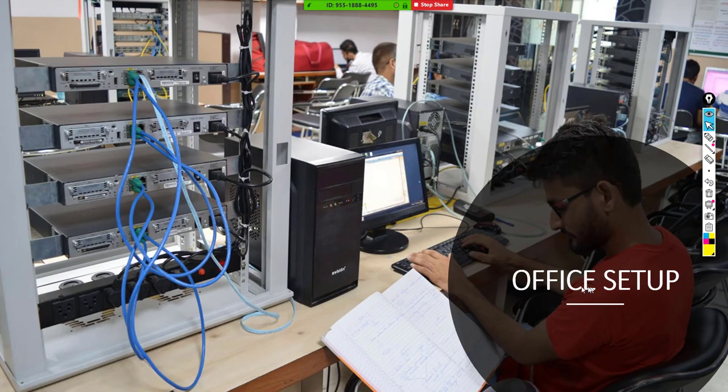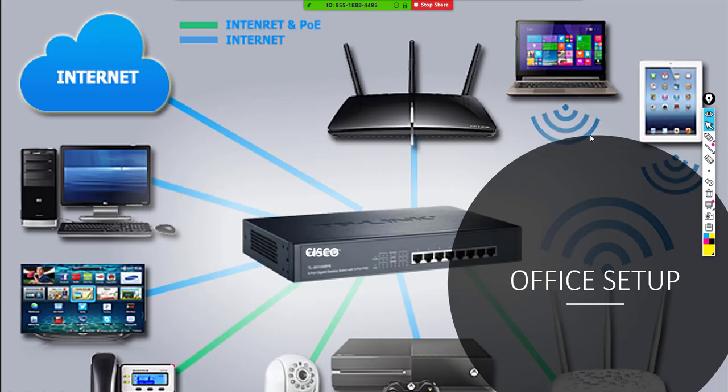Let's say this is an office setup with multiple computers with multiple ethernet cables. Here there are multiple switches, and these switches will be taken to a router, and the router will be taken to the internet service provider. So this is how the network flow of an enterprise or an office looks. Now, what is your Cisco device, or your switch, capable of?